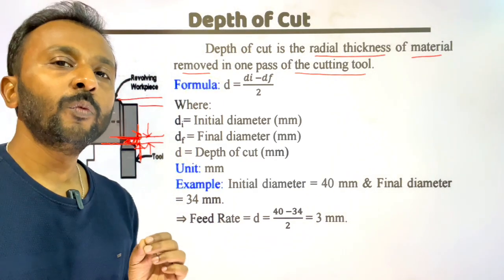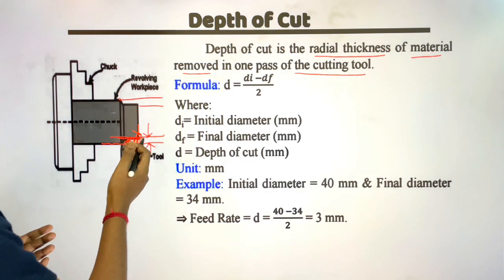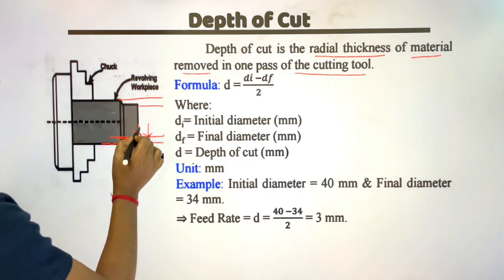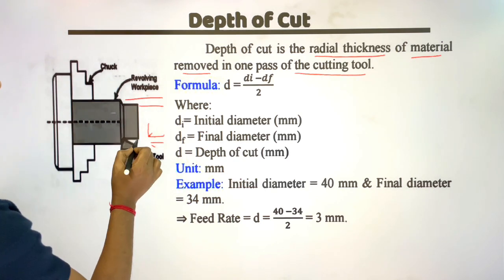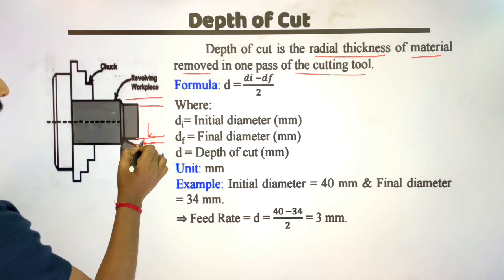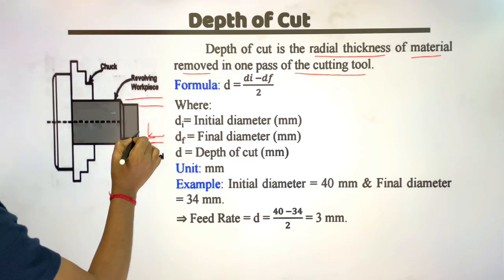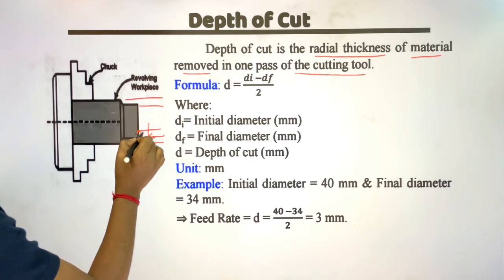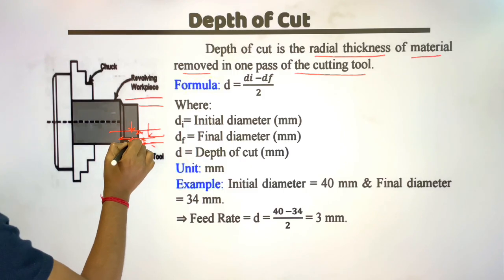If we want to remove more material, then we have to cut a second time and repeat this operation. First time we remove material from this portion, and second time we put the tool at the new initial position and it removes material from this portion. This will be the second pass.